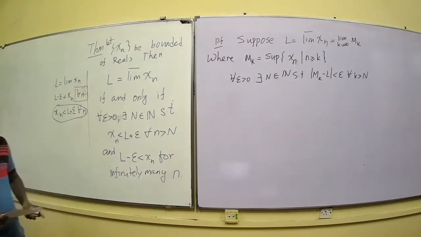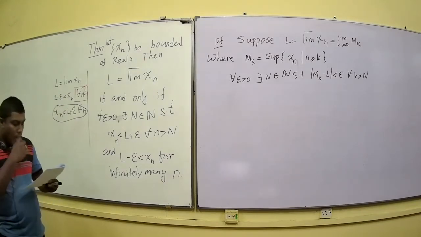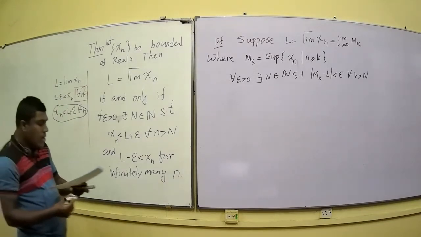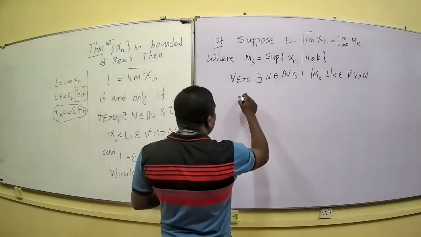So that's |Mk minus L| less than epsilon for all k bigger than N, right? So you know that. So this gives you what?